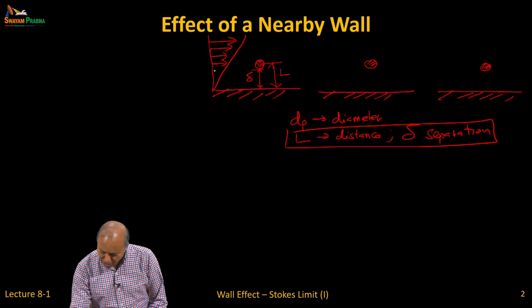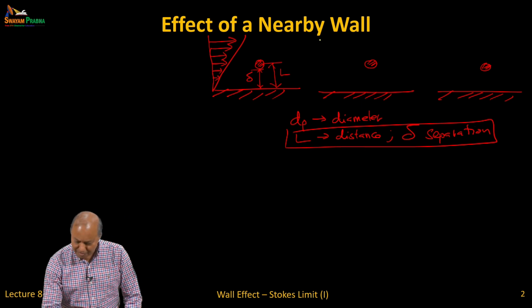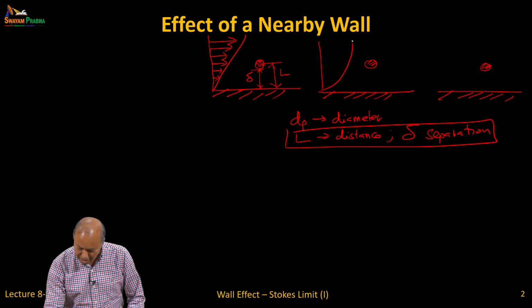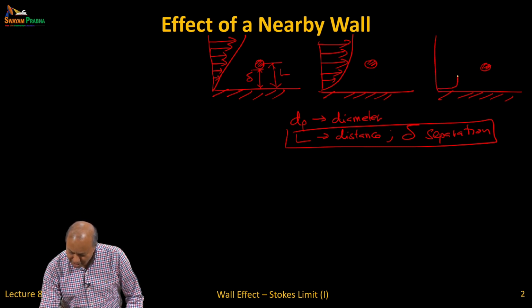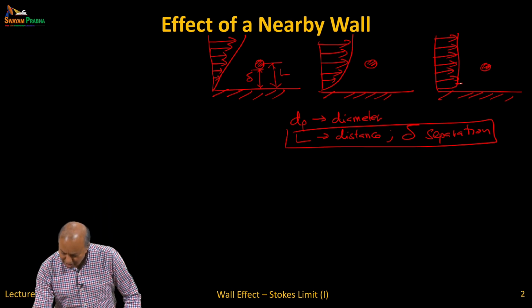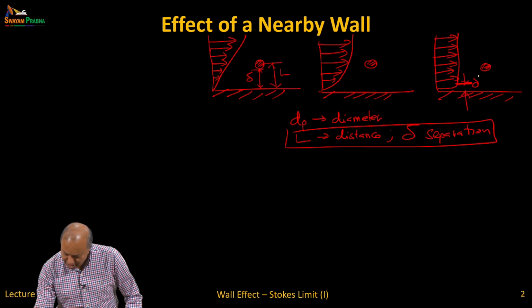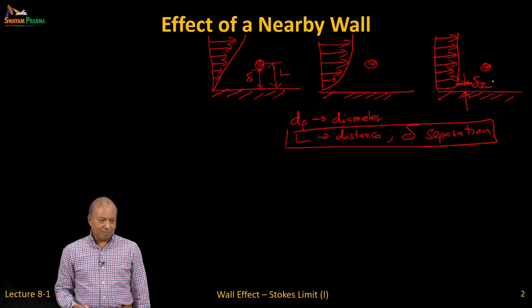Because typically when you have a particle close to your wall, you are going to have a velocity profile that may look like one of these three cases, where the boundary layer is characterized by its thickness, let's call it delta BL to differentiate it from this delta.